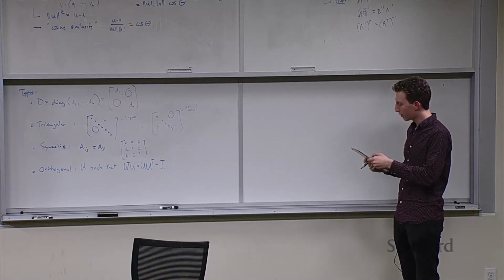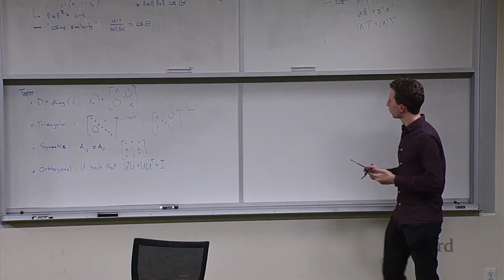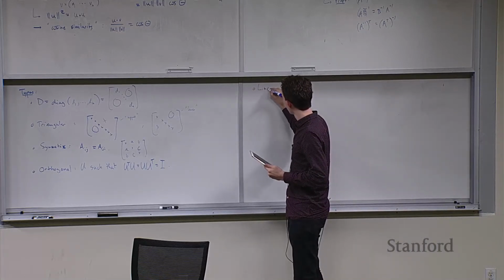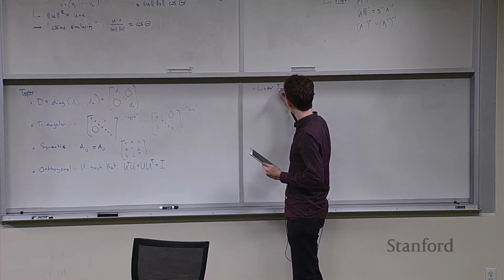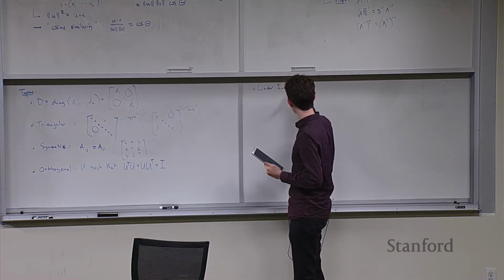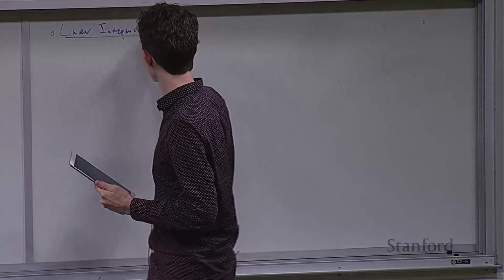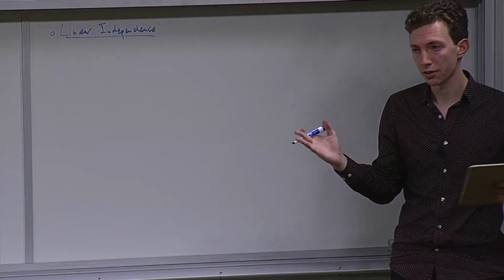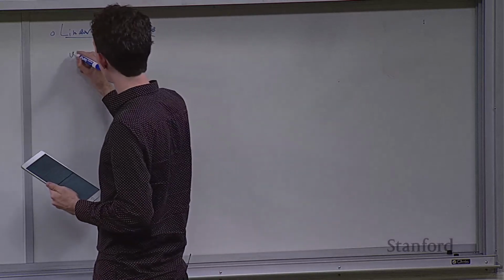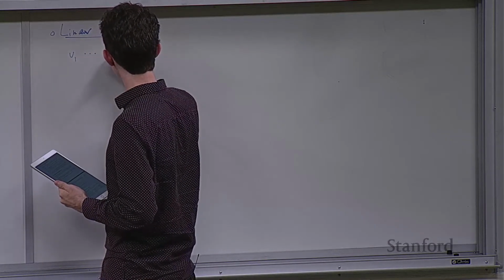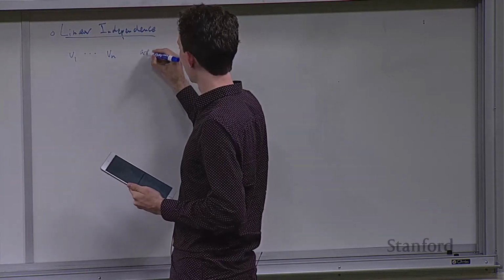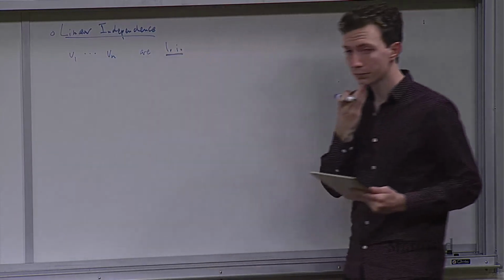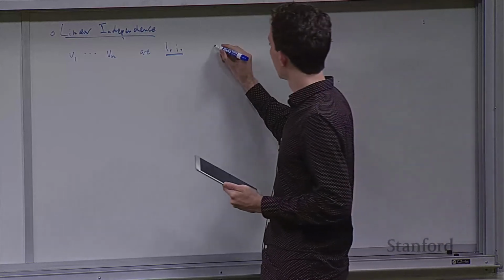Okay. So the final thing we're going to talk about is eigenvectors. But before that, there's an important concept of linear independence. Linear independence is a property that can hold of a set of vectors. So say that I have vectors v1 up to vn. I'm going to abbreviate that these are linearly independent if the following holds.